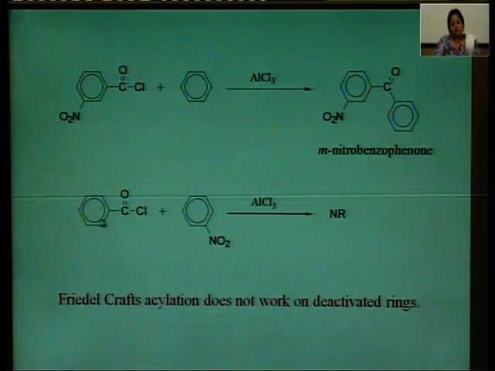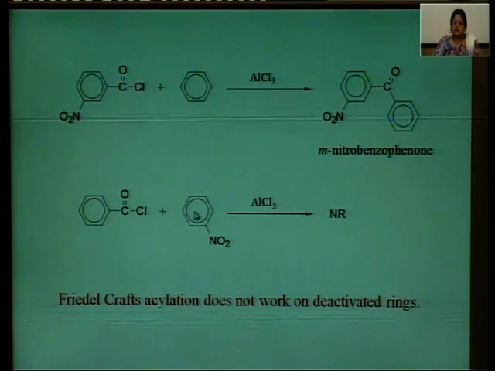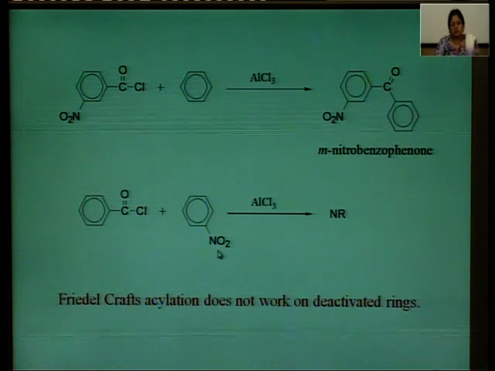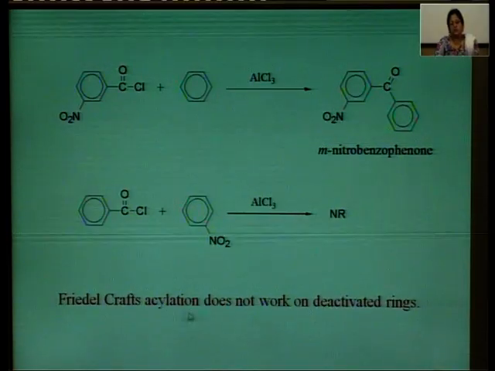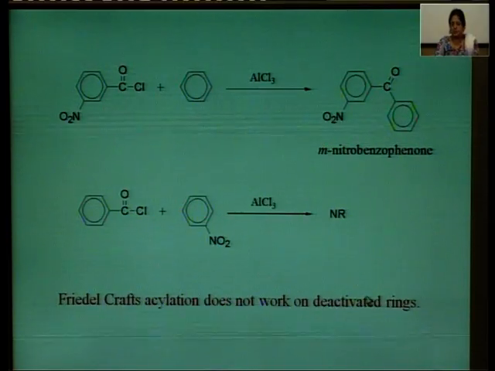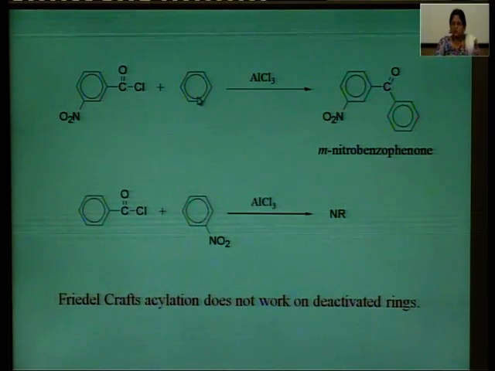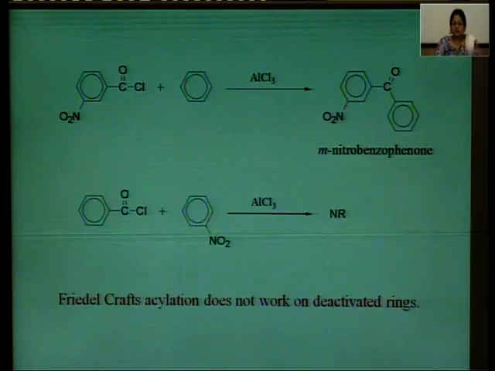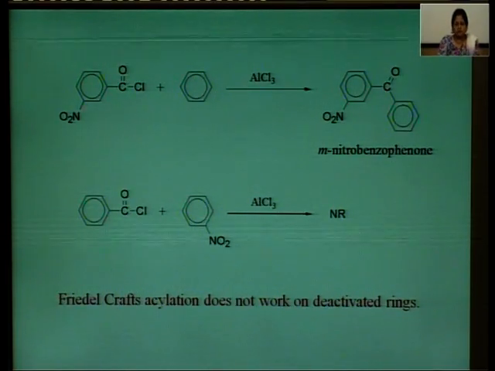But if we react benzoyl chloride with a benzene ring which has a nitro substituent, nitro is a deactivating substituent, then no reaction occurs in the presence of aluminium chloride. Thus, Friedel-Crafts acylation does not work on deactivated rings. Only the simple rings or the activated rings can undergo Friedel-Crafts acylation, whereas deactivated rings do not.